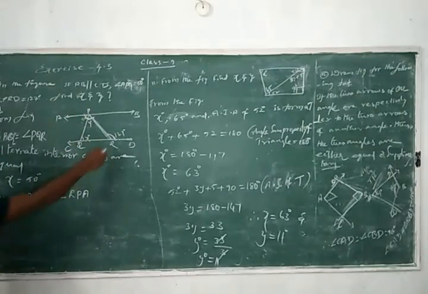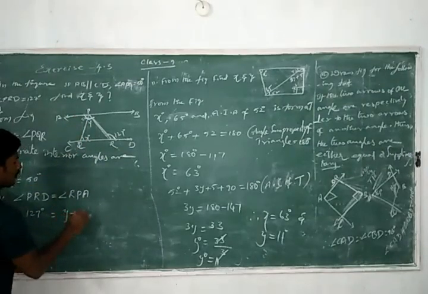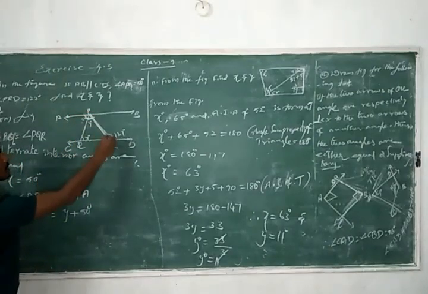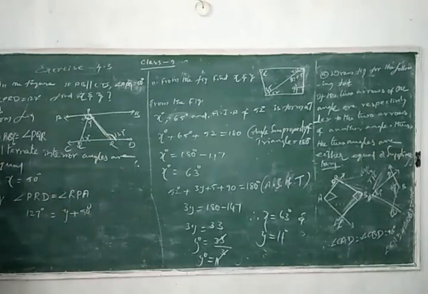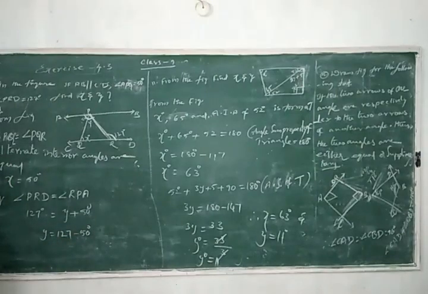So we know that PRD is 127 degrees. The angle RPA is y plus 50 degrees. We have to take the whole of this angle, because this angle goes like this; taking the alternate interior angle also gives you the same. So then y is equal to 127 minus 50 degrees. 127 minus 50 is 77 degrees.